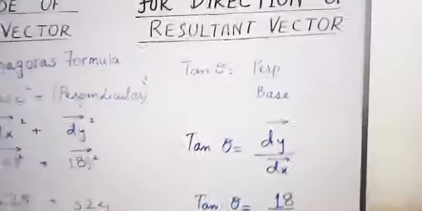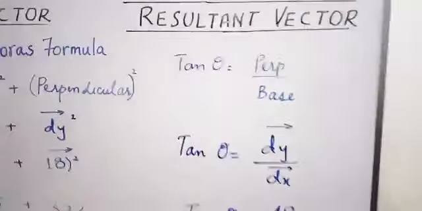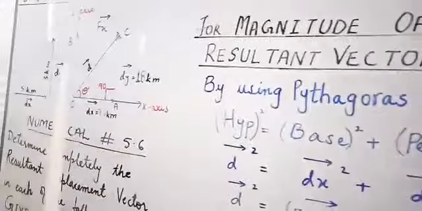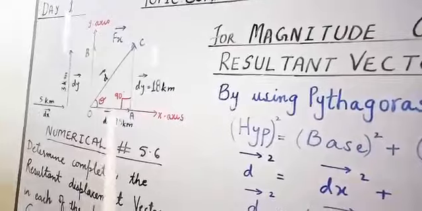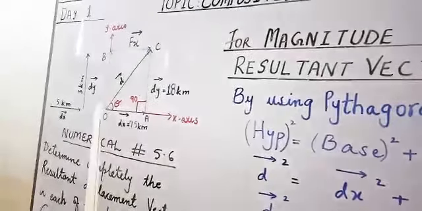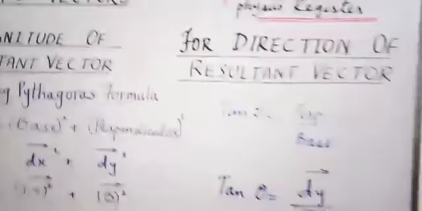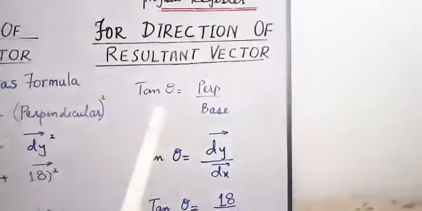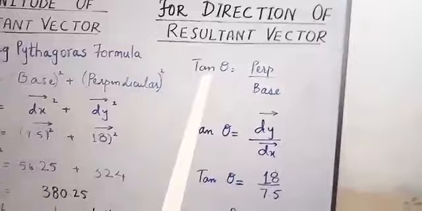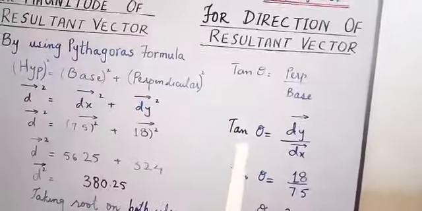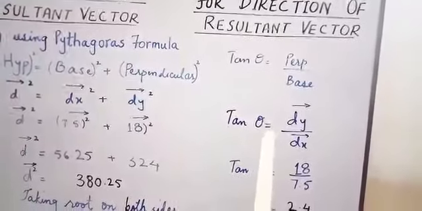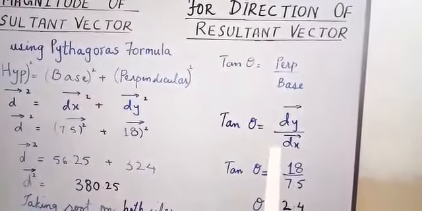Similarly, we can find the direction of the resultant vector, which makes some angle theta with the x-axis. So we have to find this theta as well. For finding theta, we use the same formula: tan theta is equal to perpendicular upon base, where the perpendicular is dy and the base is dx.